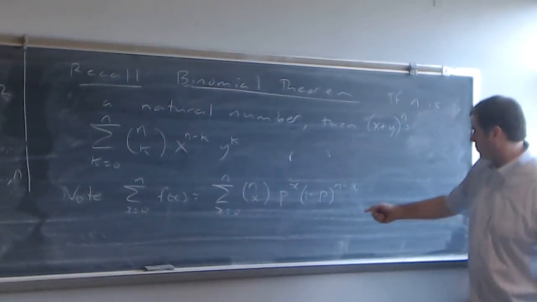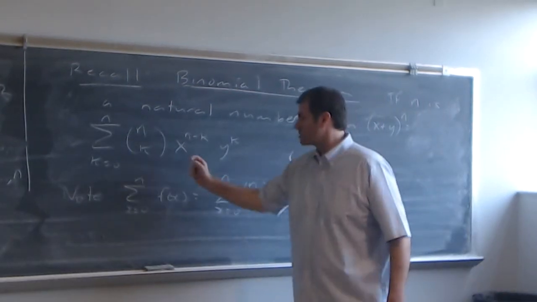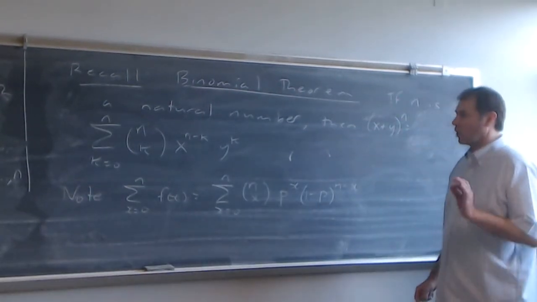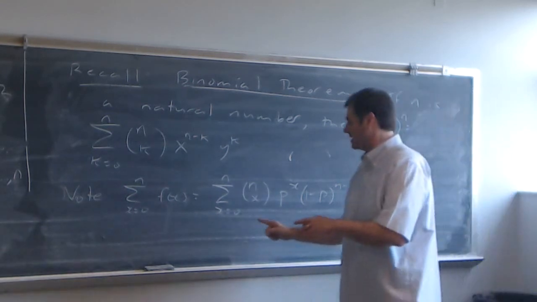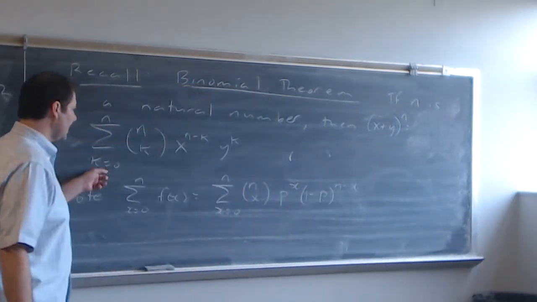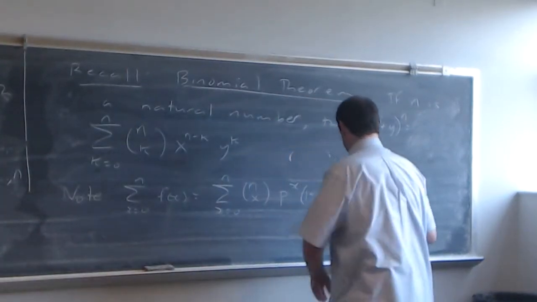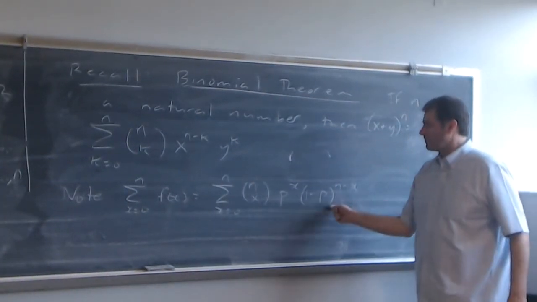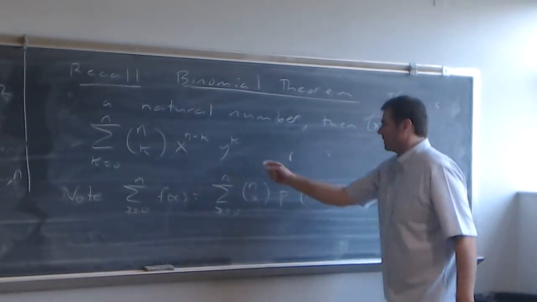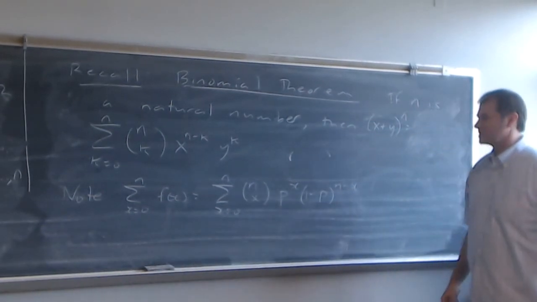And if you compare what's written right here to what's right here, they are identical, except that the index here is x, where the index here is k. So the 1 minus p is like the x, the p is like the y, everything's the same.